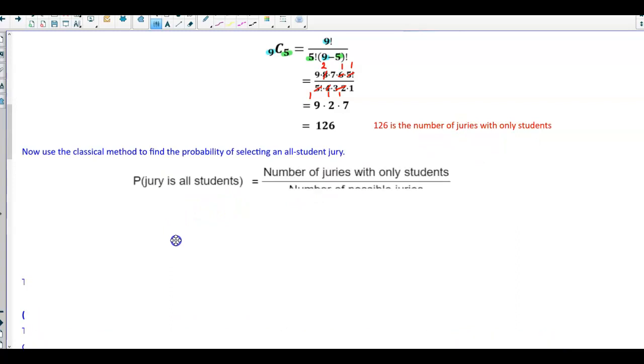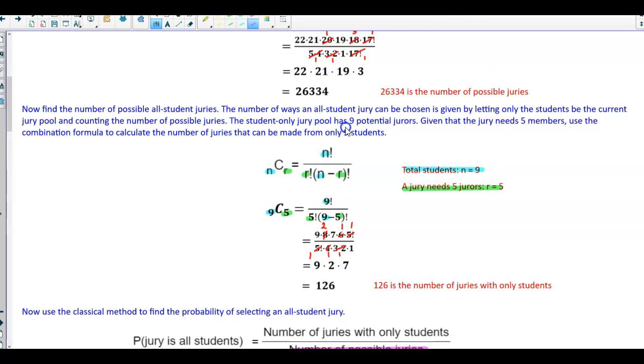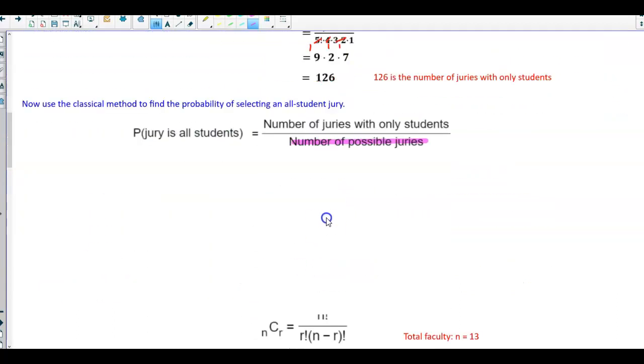So now we're going to use the classical method to find the probability of selecting an all-student jury. For the probability that the jury is all students, we know that the number of possible juries was found in the first part, which is 26,334.